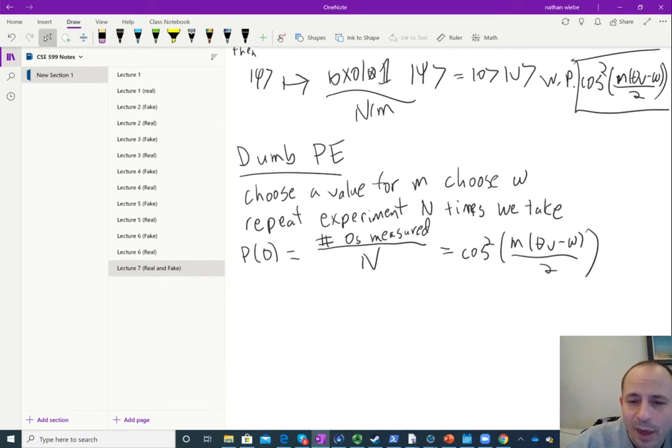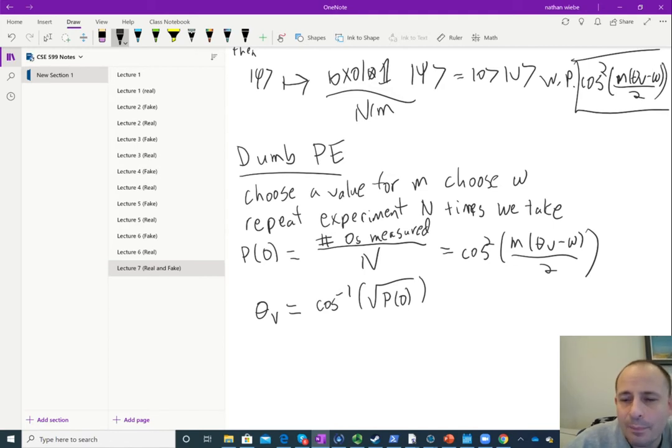So doing a little bit of math, we end up finding that theta_v, which is the logarithm of the eigenvalue that we want to estimate, is equal to arc cosine of the square root of this empirical probability of 0 that we measured, times 2, over m, plus omega.